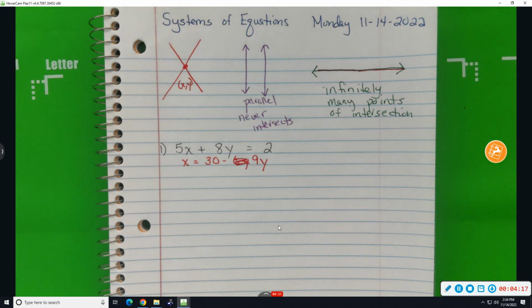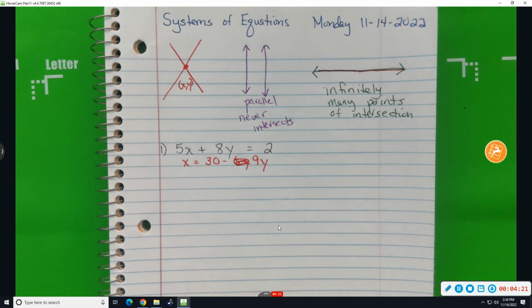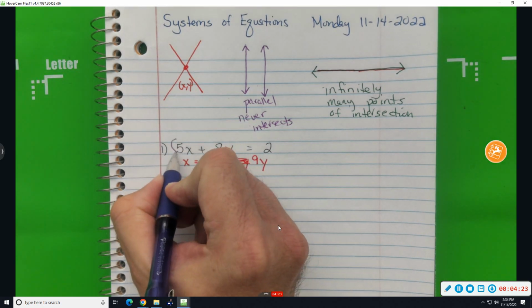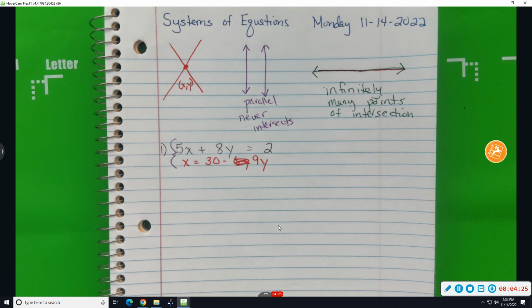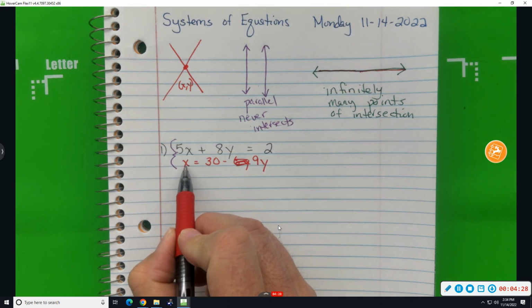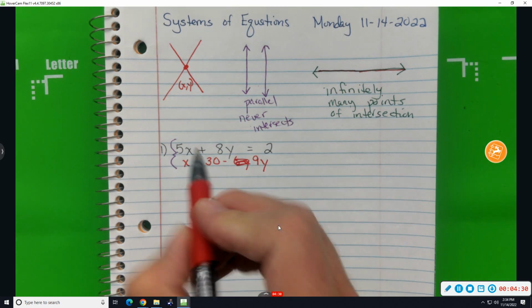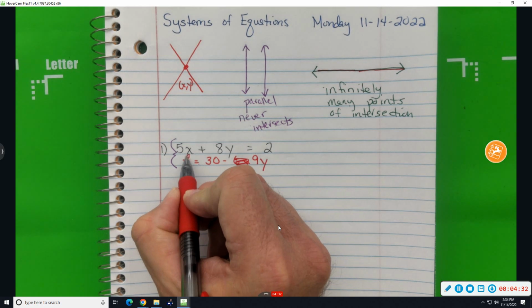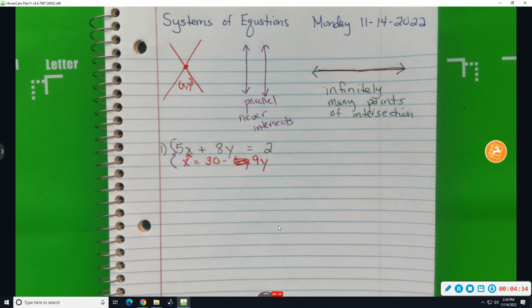With substitution, you're going to take these two equations and write just one equation by substituting. Right here it says x equals. We could plug all of this in for that x right there.